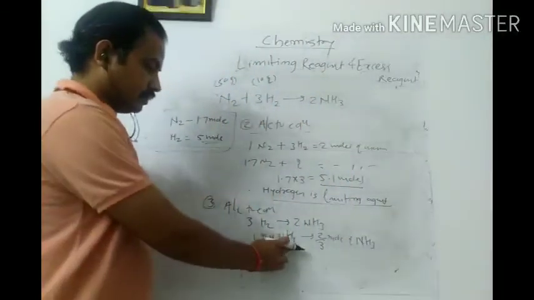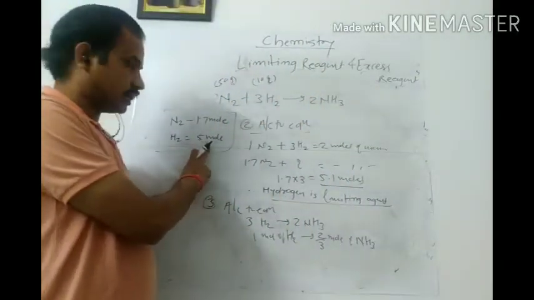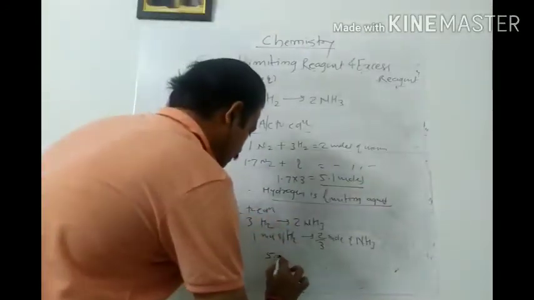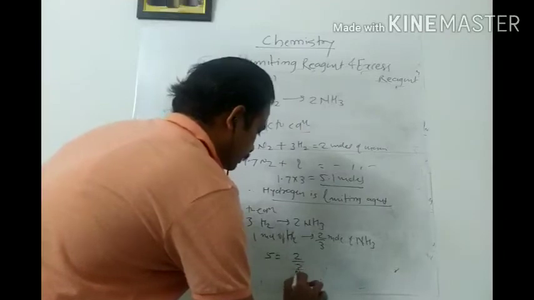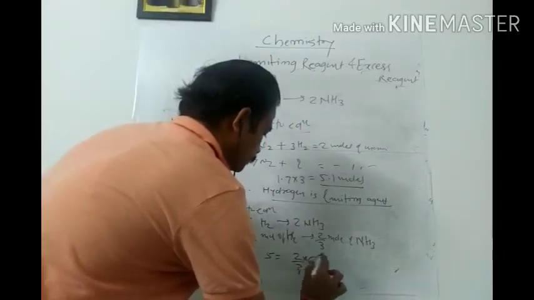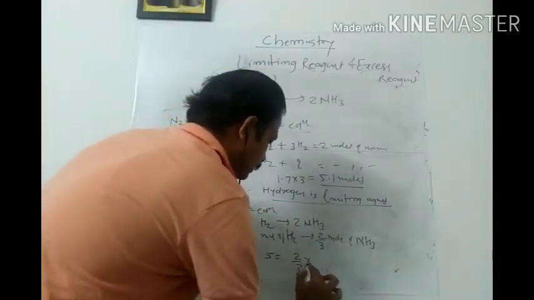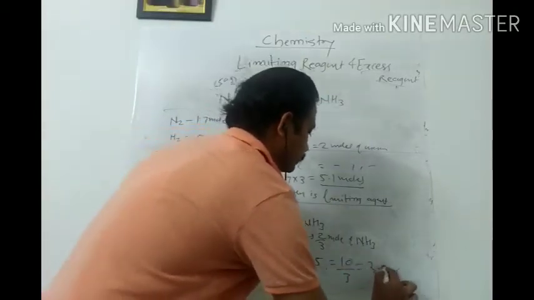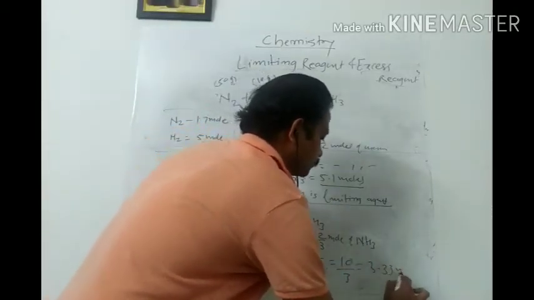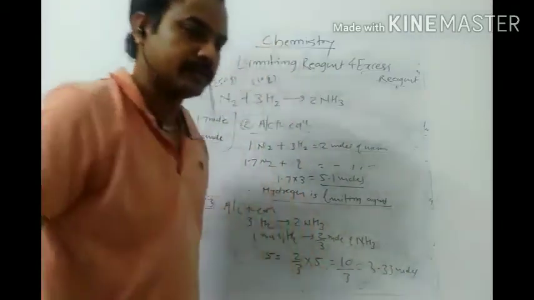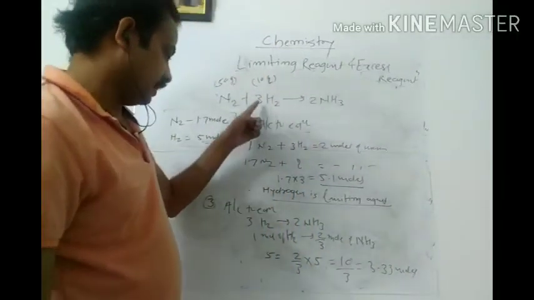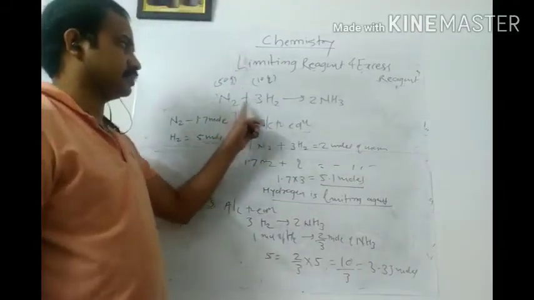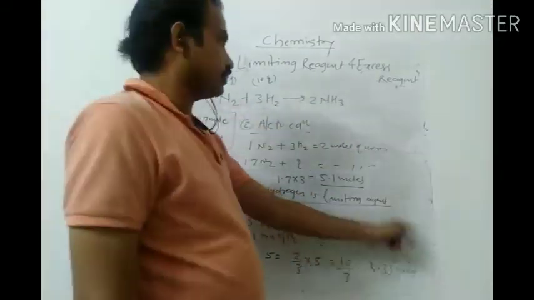But how many moles of hydrogen are available? 5. So for 5 moles, I can say 2/3 into 5, which is 10/3, and it becomes 3.33 moles. When 5 moles of hydrogen react with nitrogen, I will get 3.3 moles of ammonia.